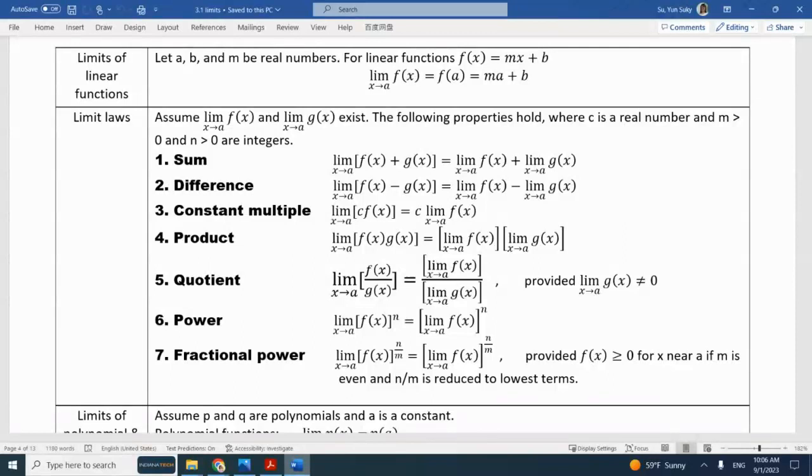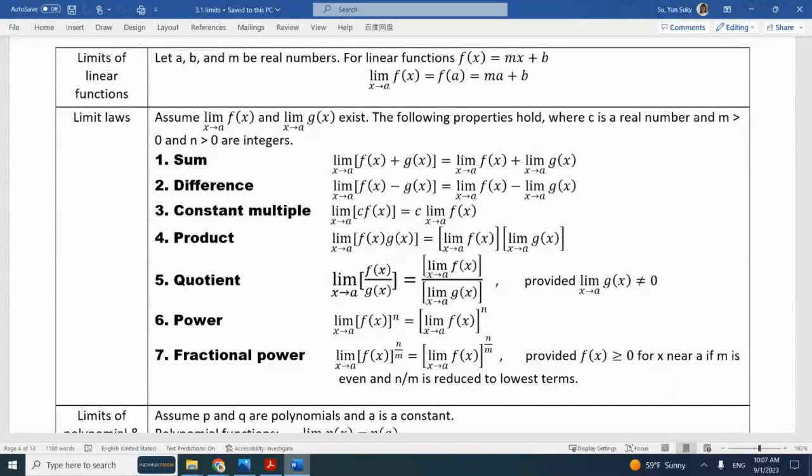That's not okay because you get 0 over 0. That's not good. Okay? So if the denominator limit is 0, you cannot move it. Actually, for this problem, you can just simplify it, right? You simplify x squared and x, you get x left.